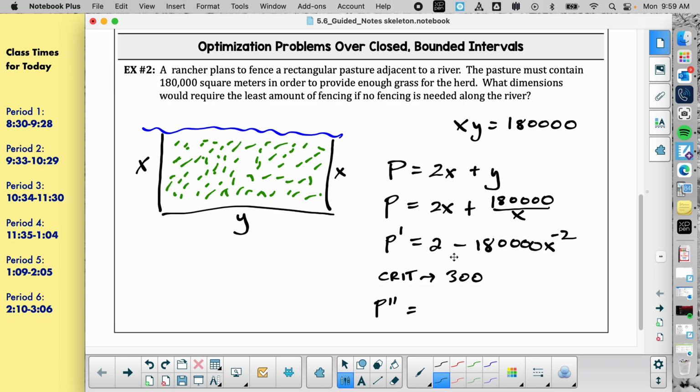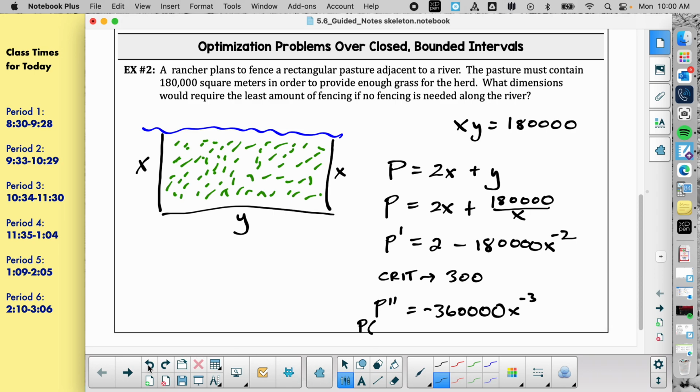The derivative would be negative 3.6 million. No, negative 360,000. That's bad multiplying. X to the negative 3. If I plug 300 in, am I going to get a positive or negative answer, Vivian?